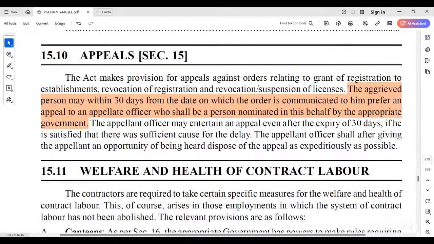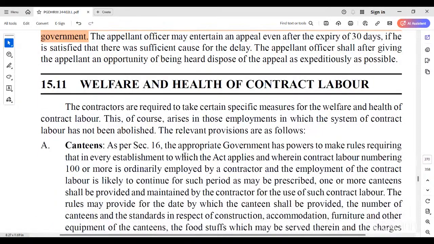So what are the welfare measures being taken for the contract laborers on par with direct laborers? The first one is, as per this Act, the appropriate government gives direction to these establishments: if the number is 100 or more, they need to provide canteen facility for contract laborers as per Section 16.